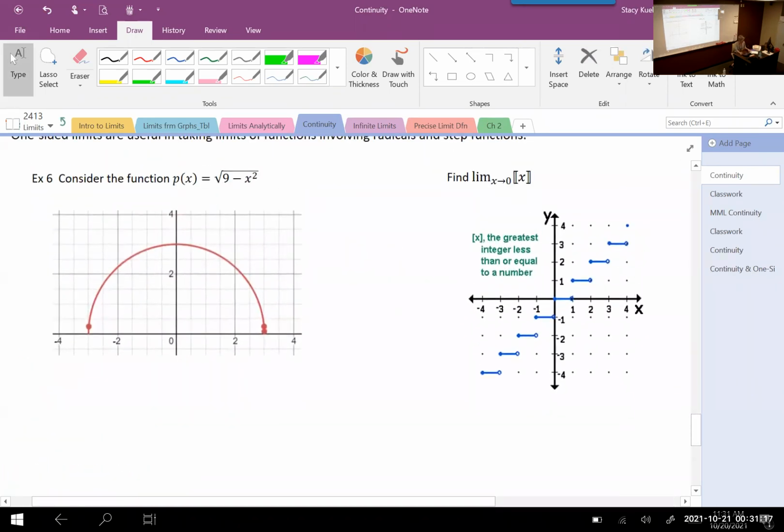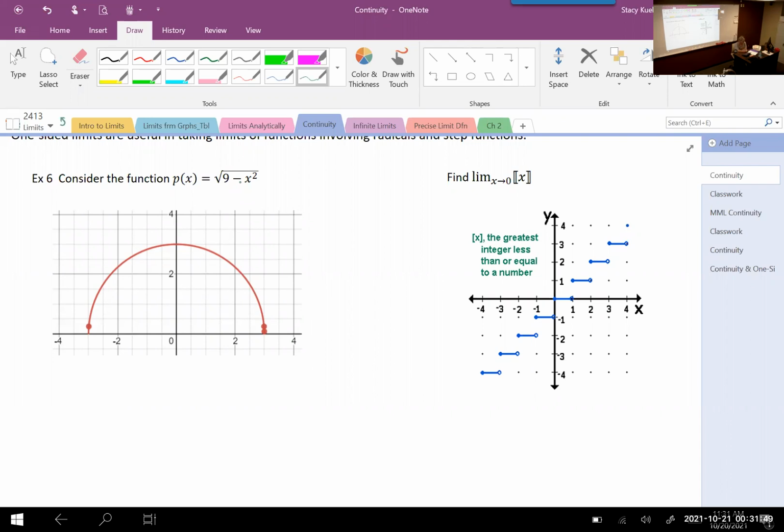So let's look at these 2 concepts right here for just a moment. What do you notice about this function on the left? It's a half a circle, all right? And you can see the function at the top is the square root of 9 minus x squared. So that's the function that we're looking at there.